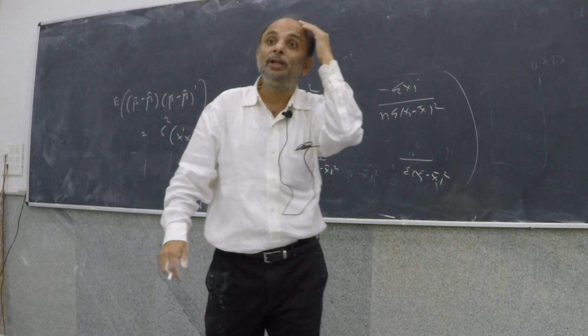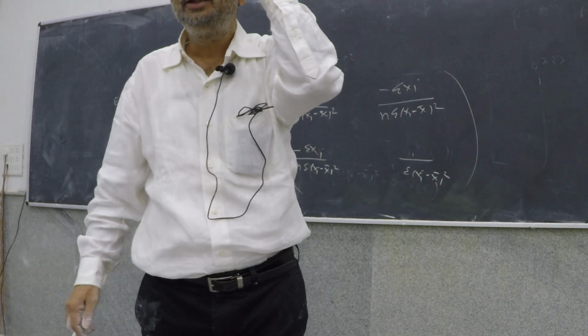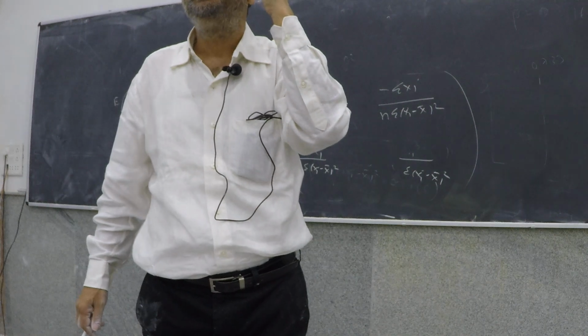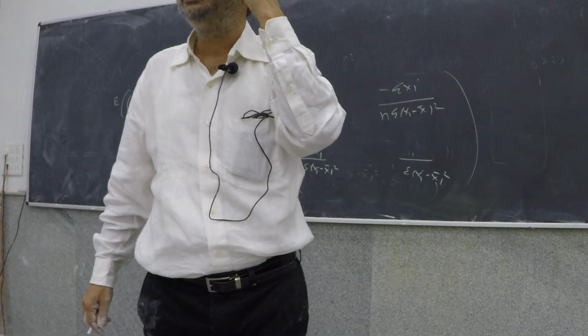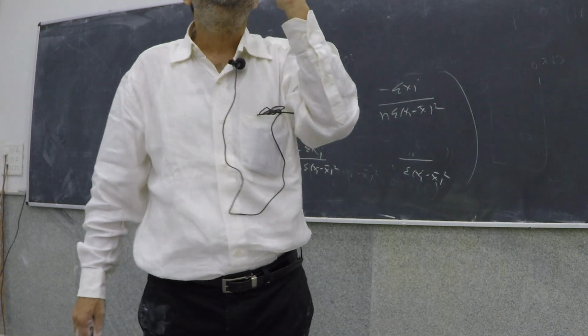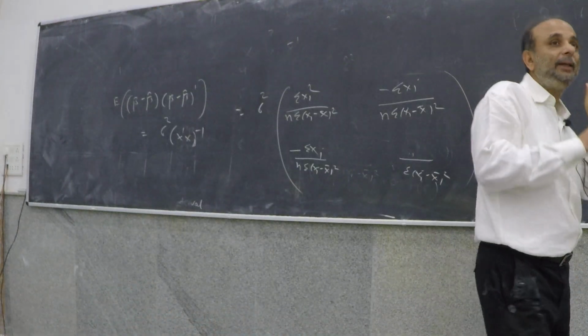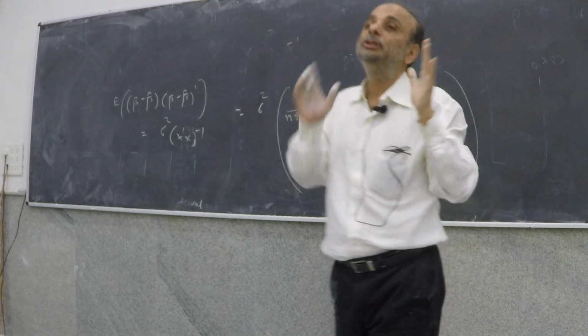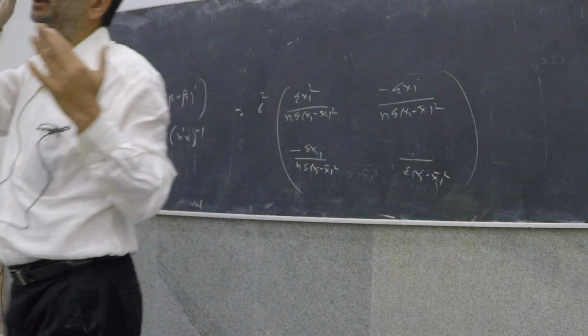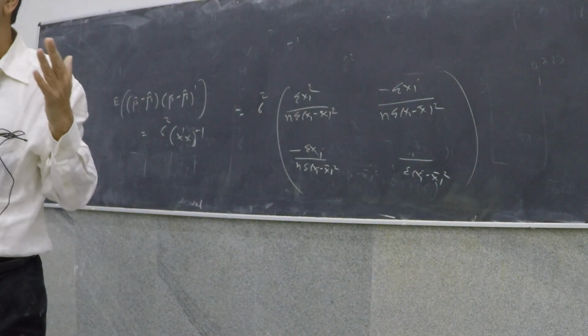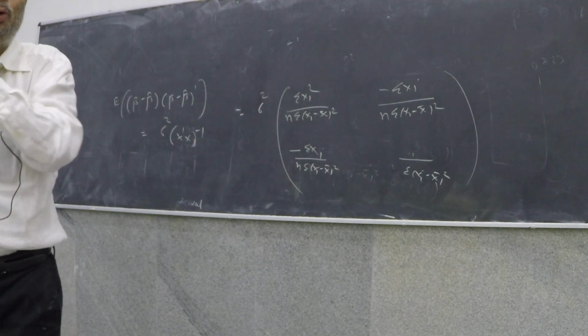So if those two assumptions are not correct, you can be in serious trouble. Your OLS estimators will still have the property that expectation of beta hat is equal to beta, because that property only requires expectation of summation xi ei to equal 0. That will still hold.